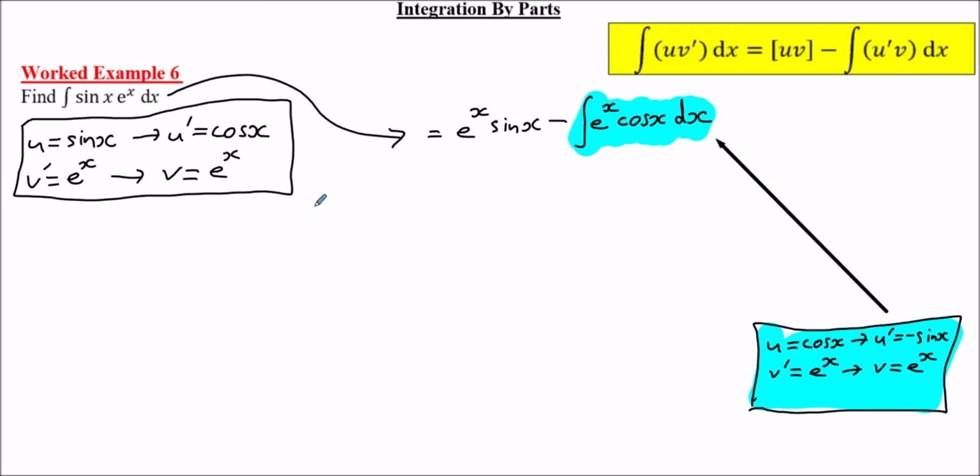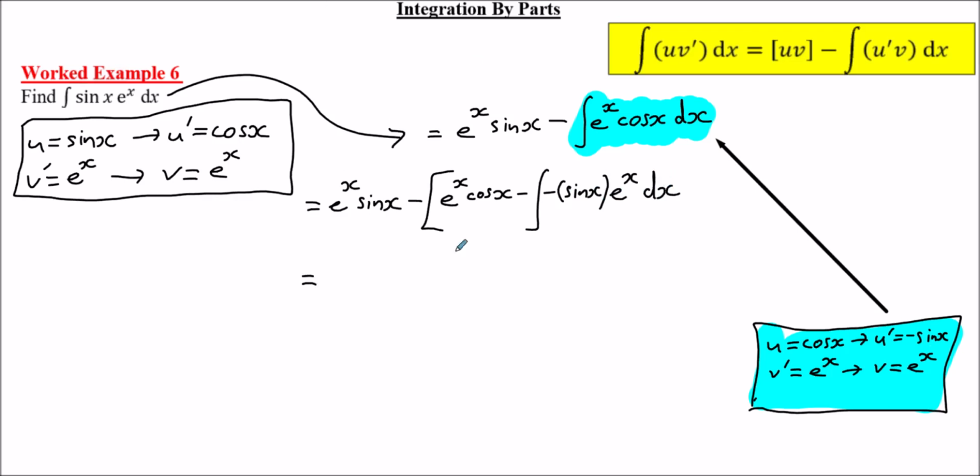So now we're going to have e to the x sine x minus, then now here our u v is going to be cos x times e to the x, so I'm going to minus e to the x cosine x, then minus the integral of u dashed v, which is going to be minus sine x multiplied by e to the x. So it's going to be minus sine x e to the x dx.